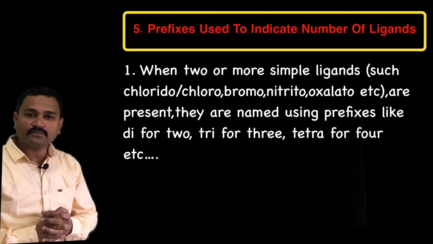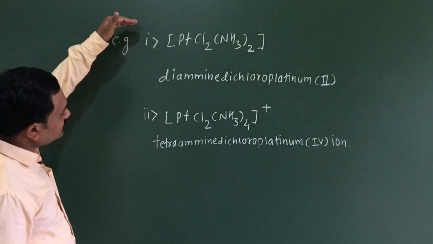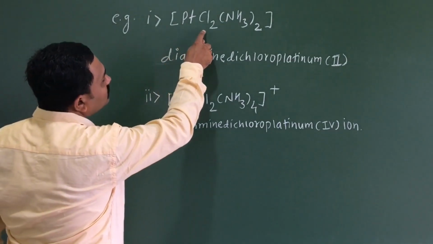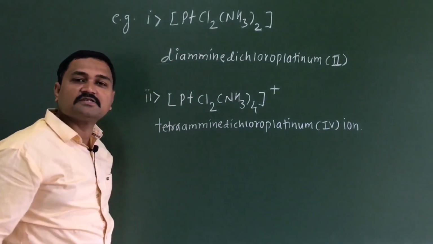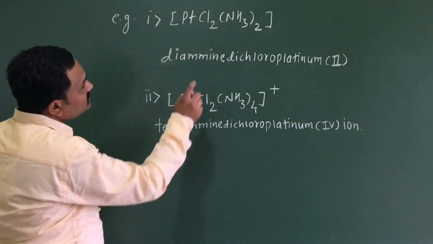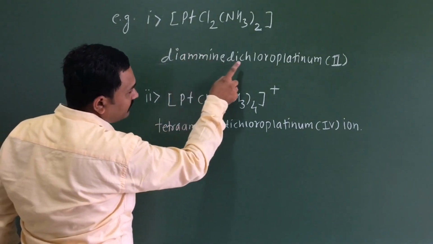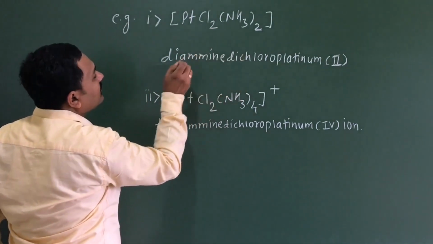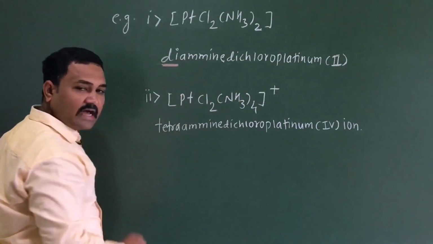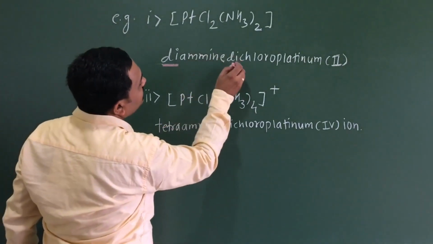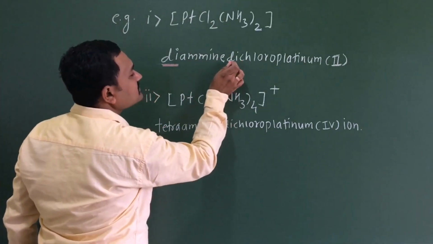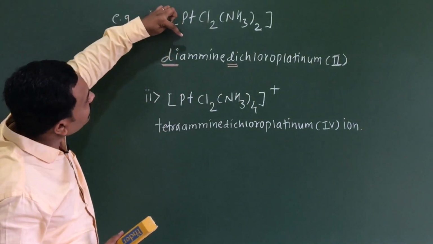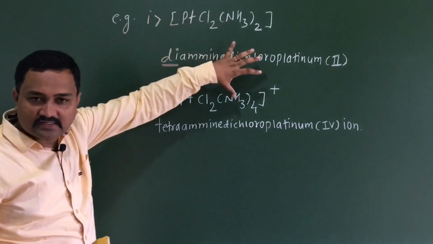Now let us consider the examples. I have taken 2 different examples. So here you can observe that there are 2 chlorine and 2 ammonia ligands present in this example. While writing this name, I have followed the alphabetical order. There are 2 ammonia, hence I have written the prefix di for this one, and again there are 2 chloride ligands, hence I have written the prefix di before writing the name of these ligands.